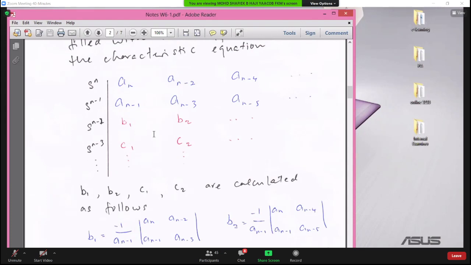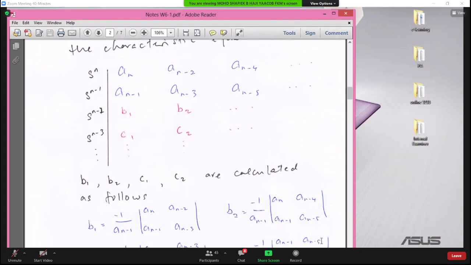So what are the elements B1, B2, C1, and C2? Here you need to realize the pattern. B1 is -1 times the determinant of the two rows above it. To compute B1, you look two rows above.